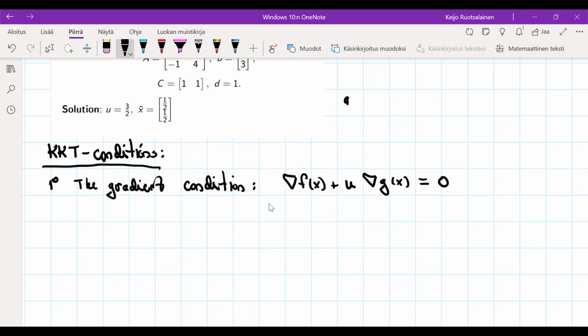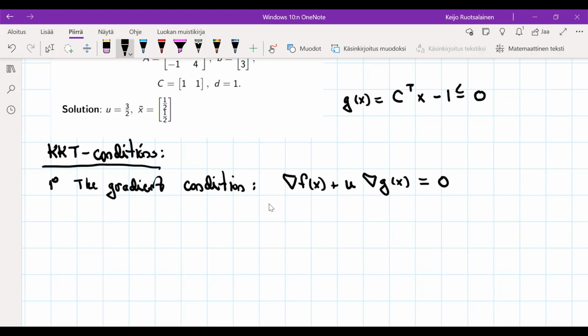Remember that g(x) now is C transpose times x minus 1, less than or equal to 0.